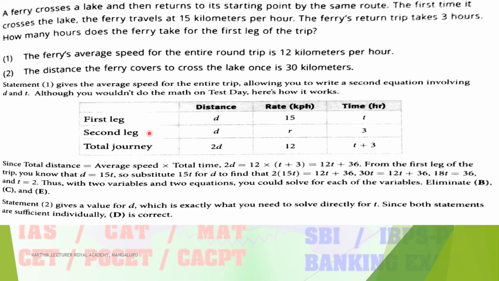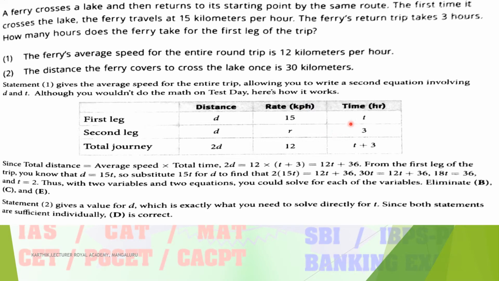First leg, second leg and total journey, you divide like this. First leg is the one way journey, second leg is the return journey, and then the total journey. For the first leg, the distance we don't know, so write D. The rate is given, 15 kilometers per hour.